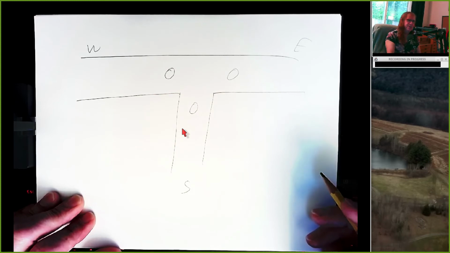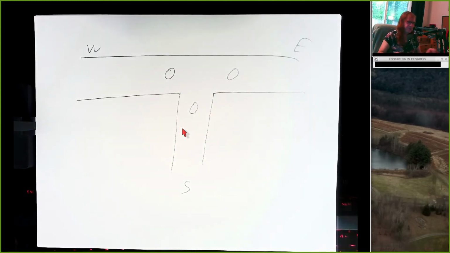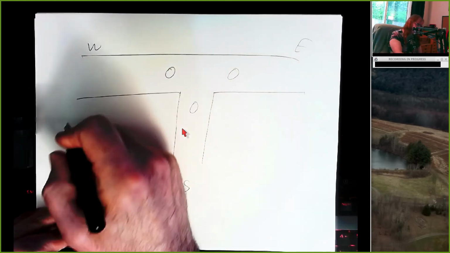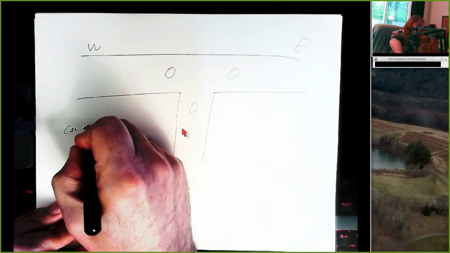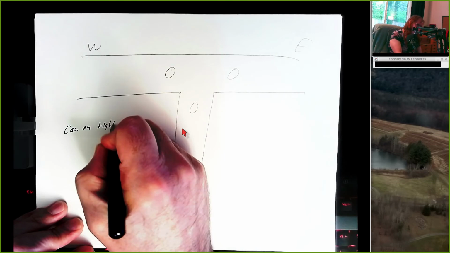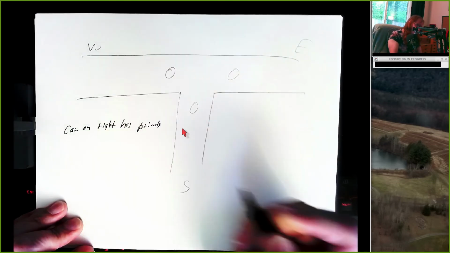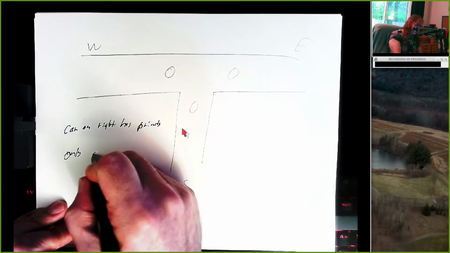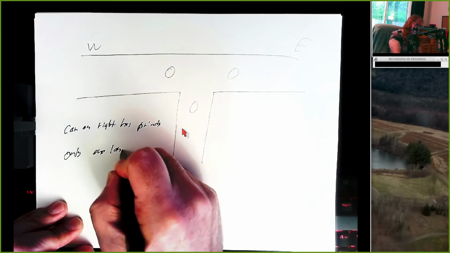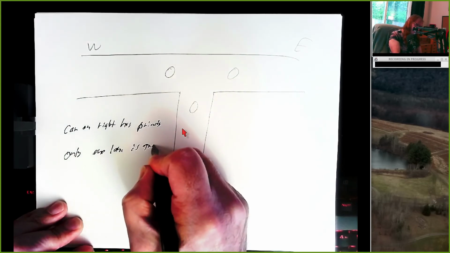And we're going to govern this with the laws of the state of Washington, which means the car on the right has priority. So the car on the right has priority. And only one lane is green.